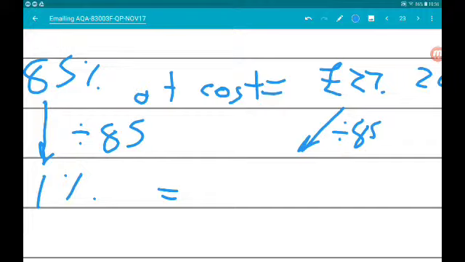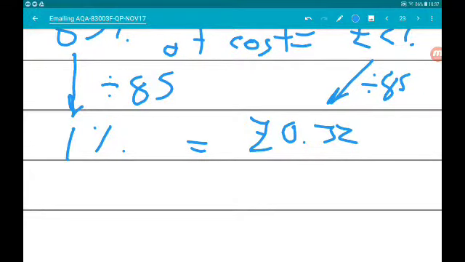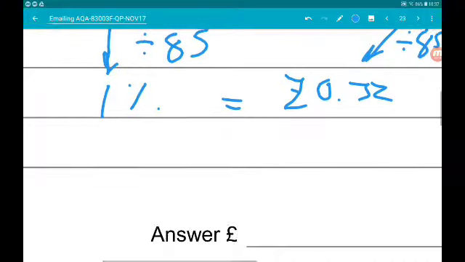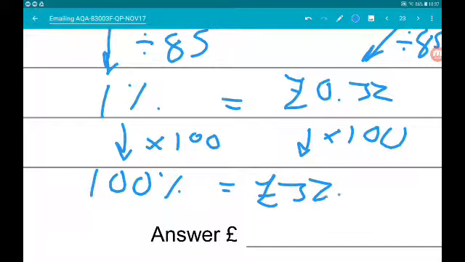Now that's going to give us 0.32. So that means 1% of the cost is 32p. So then to get 100%, we times by 100. And that gives us 32 quid. Cool.